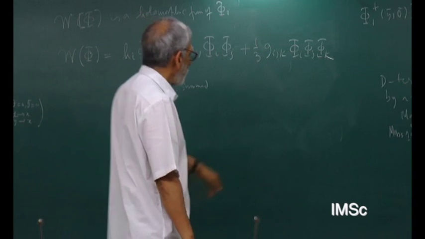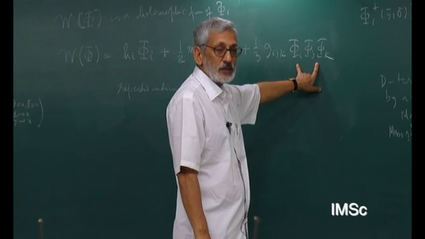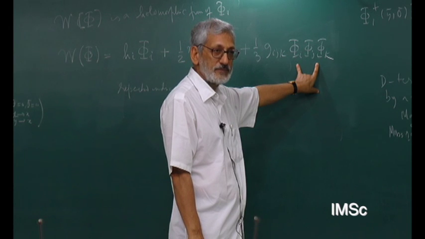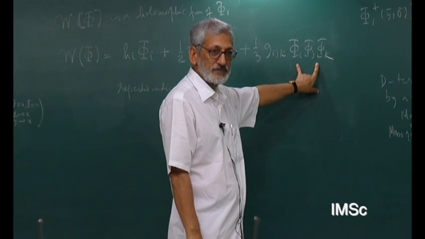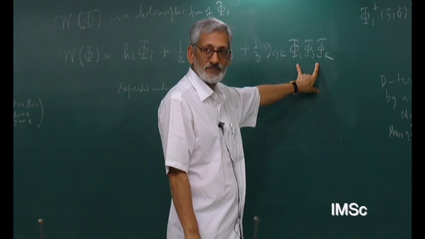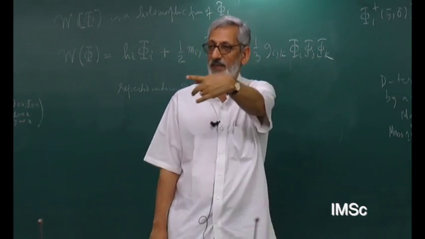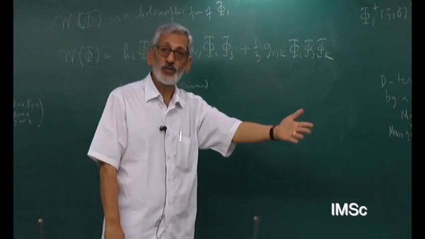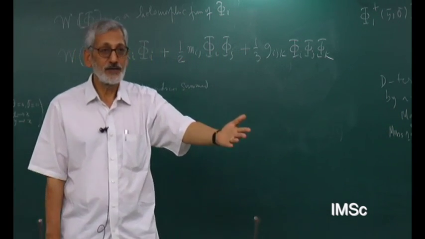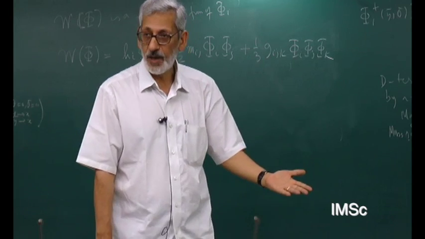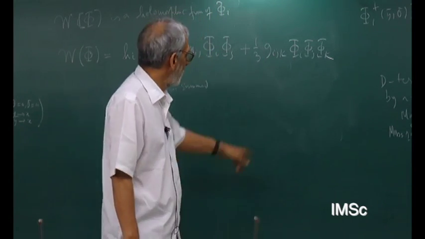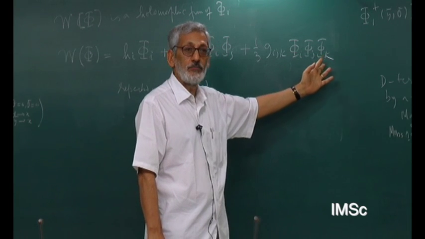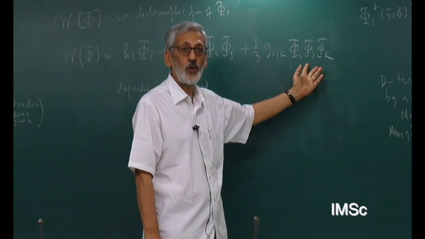Now, if I take these three phi's, what is the F term for three phi's? What is the mass dimension of the F term of three phi's? He said 4. Does everybody agree with it? It's a coefficient of theta square. Theta square is mass dimension -1. Phi each is mass dimension 1. So 3 plus 1, so it's 4.